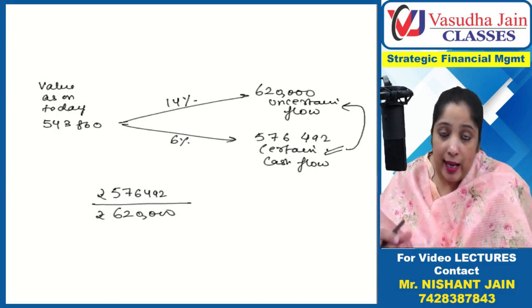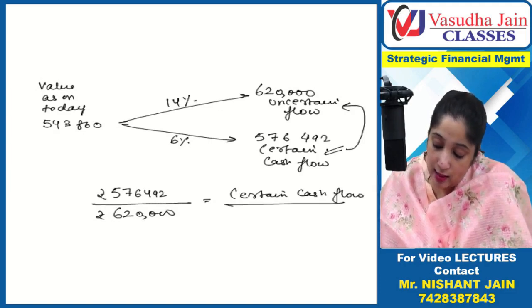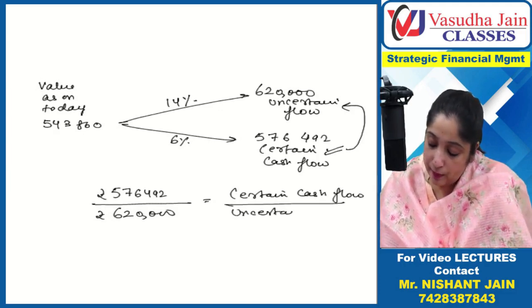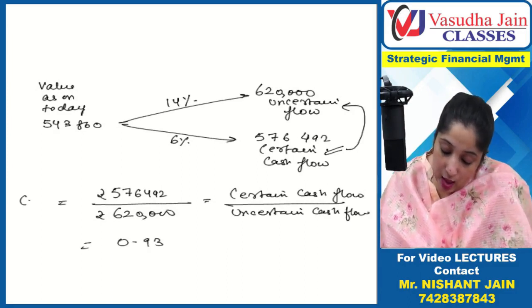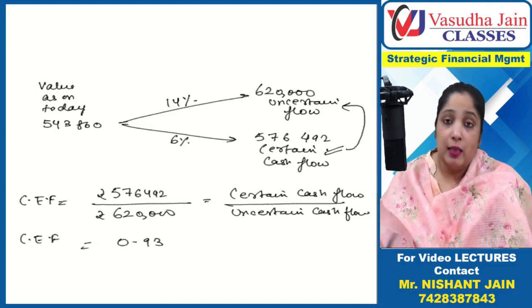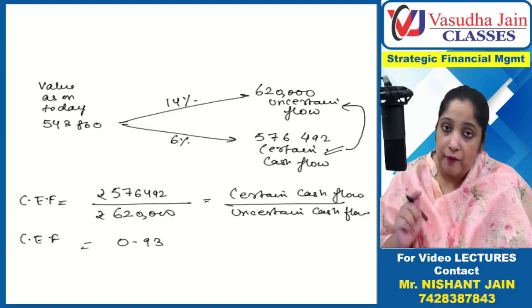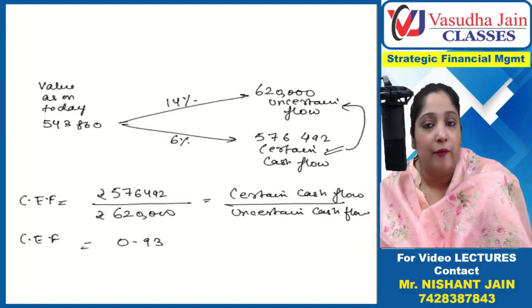So if you take the proportion of certain cash flows to uncertain cash flows, this is coming out to be 0.93. Now this is termed as the certainty equivalent factor. That is, out of 1 rupee, 0.93 is certain that you will get after 1 year.